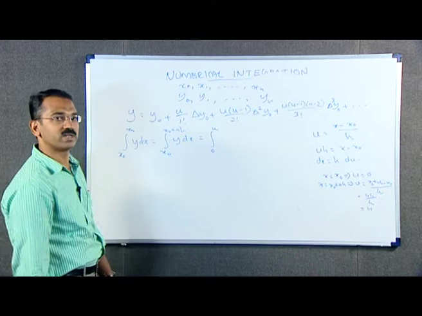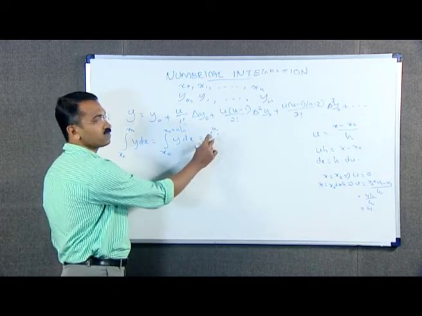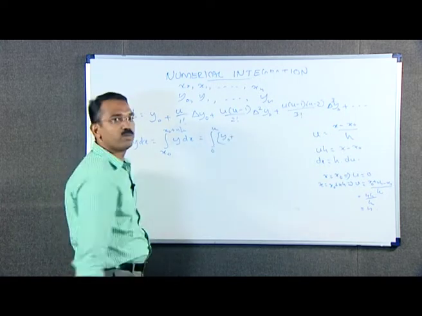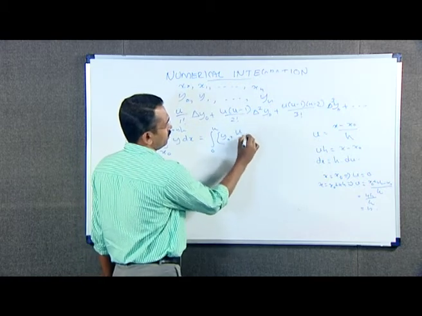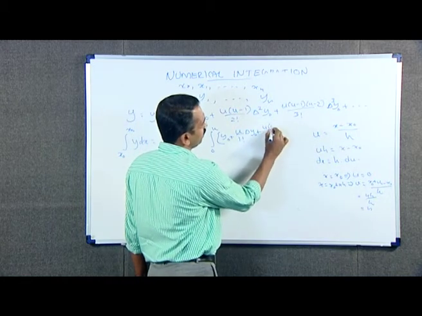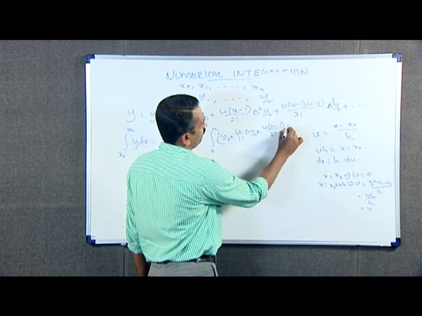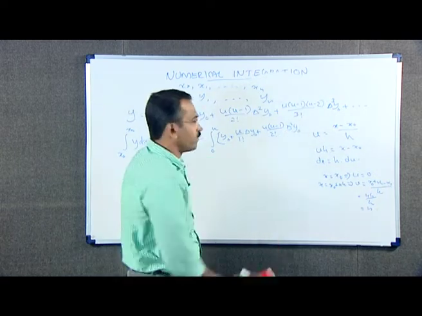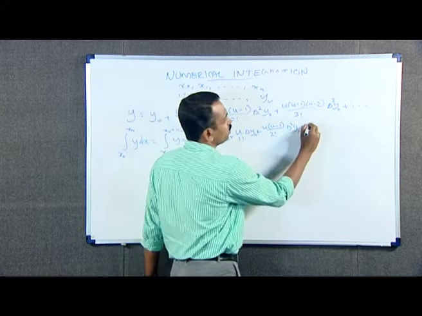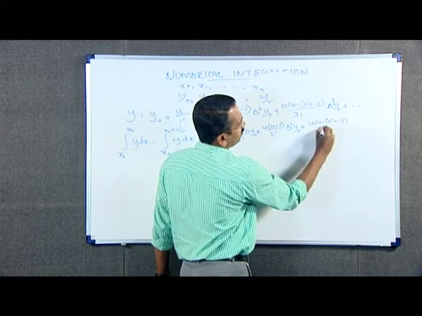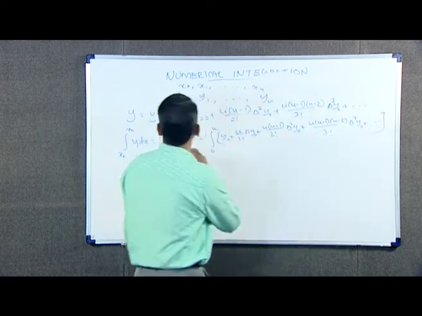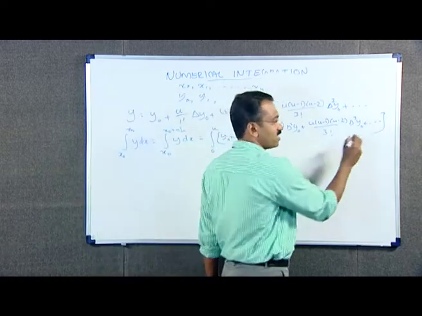Therefore, the limits of integration become 0 and n, of y naught plus u by 1 factorial into delta y naught plus u into u minus 1 by 2 factorial into delta square y naught plus u into u minus 1 into u minus 2 divided by 3 factorial into delta cube y naught plus etc. Here dx is h into du.